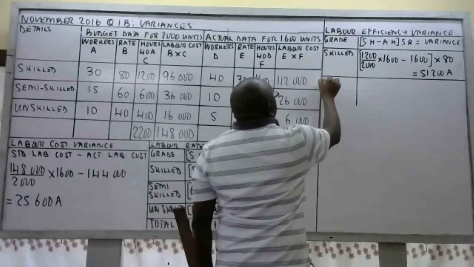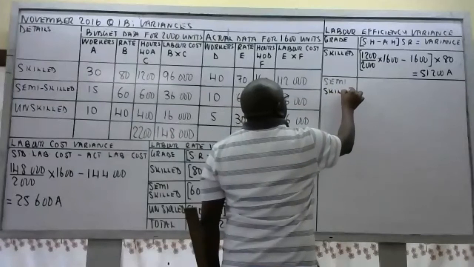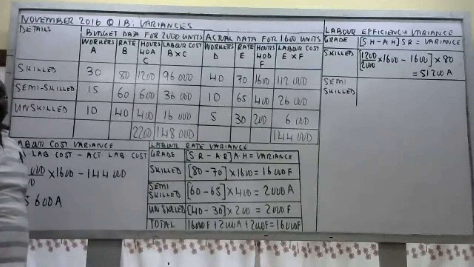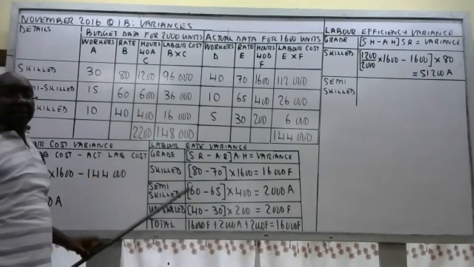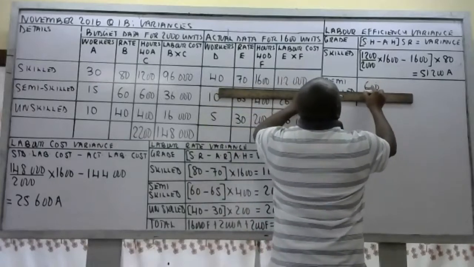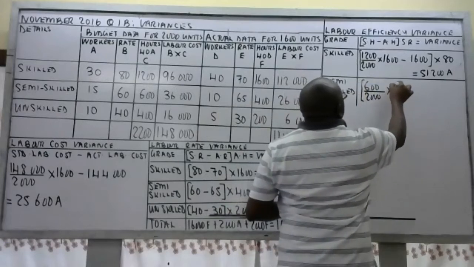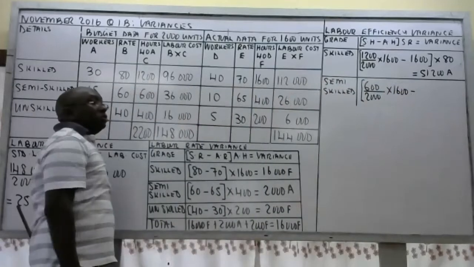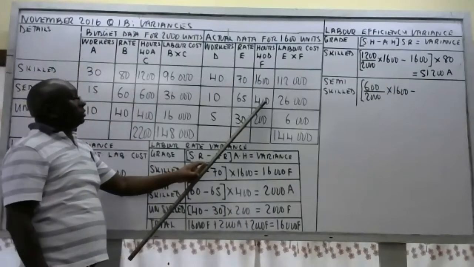Then we do the same for semi-skilled. So semi-skilled, you argue the same way. In our budget, we were supposed to use 600 hours. So you take the 600, you divide by 2,000, then you multiply by 1,600 so that you know what should have been used. You minus what was actually used, 400.